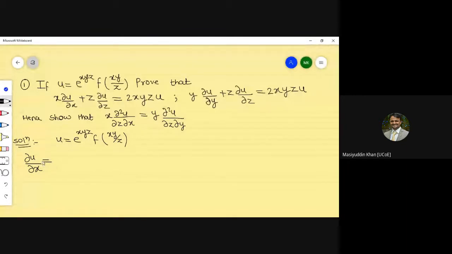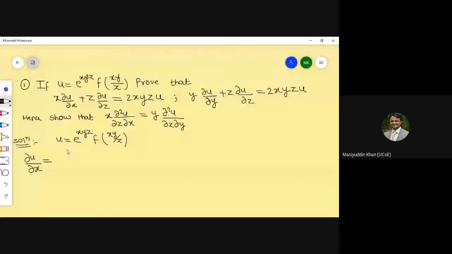So we apply the product rule: first into derivative of second plus second into derivative of first, or vice versa, second into derivative of first plus first into derivative of second. So we have to apply the same concept here.